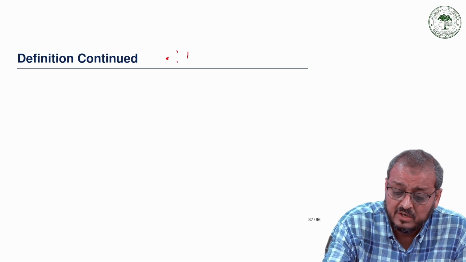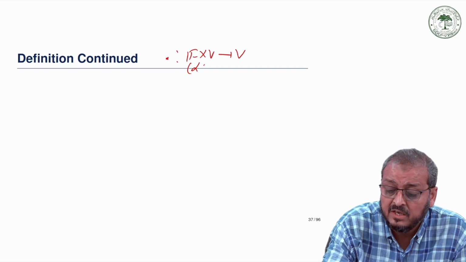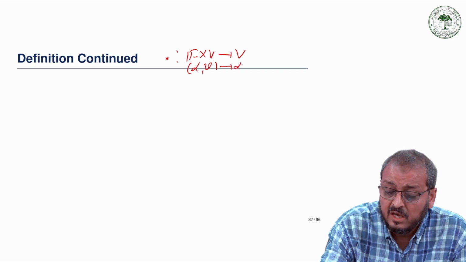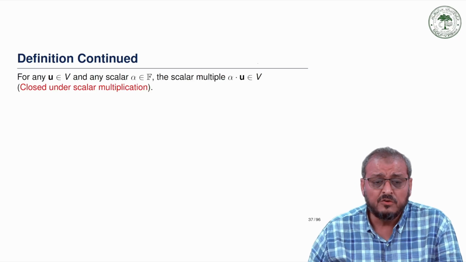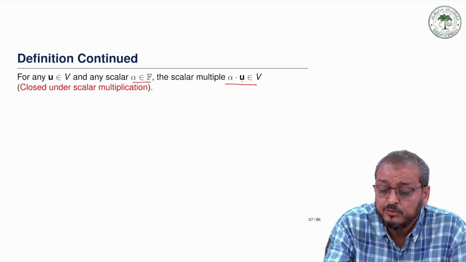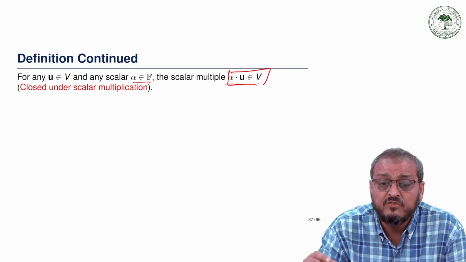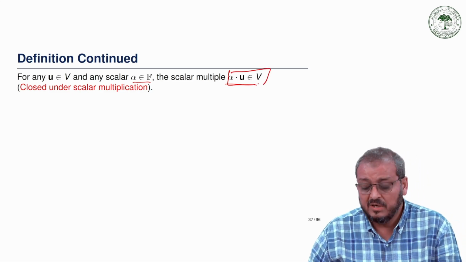Scalar multiplication means alpha is a scalar from the field F, V is a vector, and alpha V type elements are there. First, for any u belonging to V, the scalar multiple alpha u should be an element of V, which means V is closed under scalar multiplication.